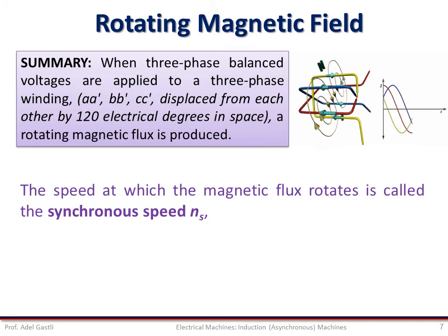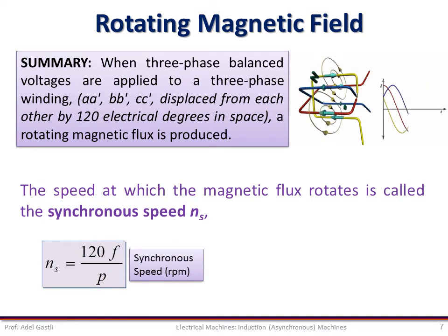The speed of rotation of this magnetic field is called synchronous speed and is determined as ns, for synchronous speed, is equal to 120 times the frequency of the power supply voltage divided by the number of poles in the machine.